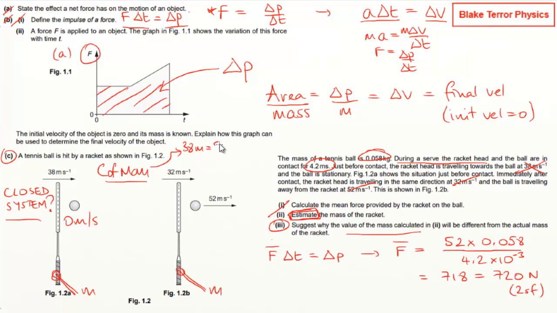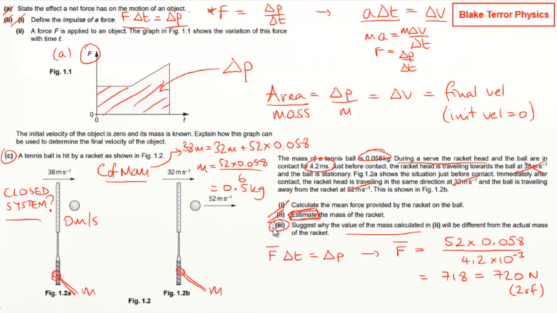And then we go to 32 times the mass plus 52 multiplied by the mass of the tennis ball, 0.058. So our M is going to be equal to 52 times 0.058 divided by 6 when we rearrange all of that. Type all of that in, and we get the mass is pretty much 0.5 kilograms.